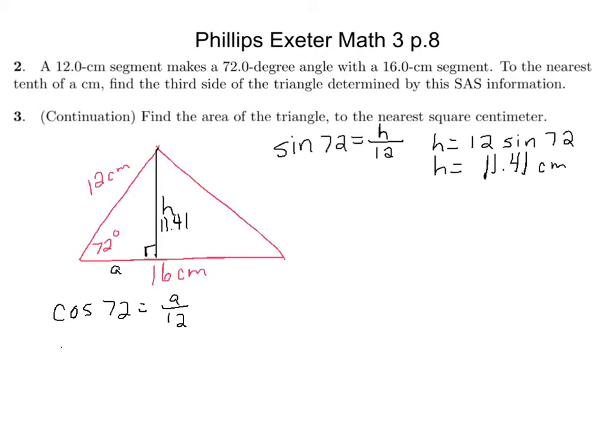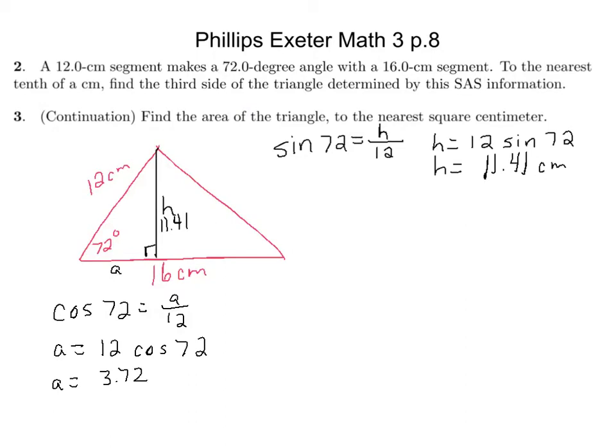So what does a equal? 12 cosine 72. Tom, where are you? Yeah, you. 3.71? I believe you. Cautiously, but I'll believe you.